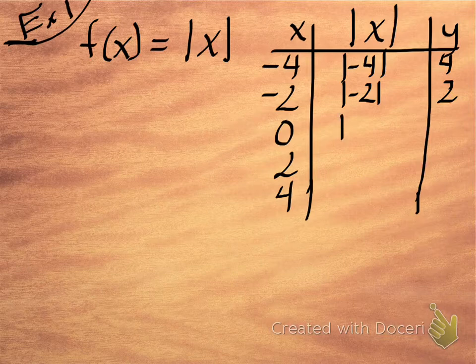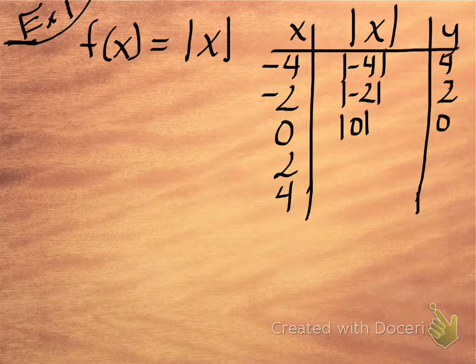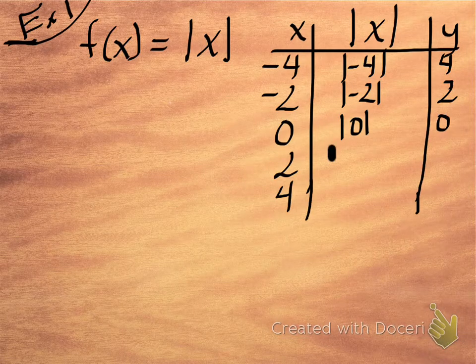The absolute value of 0 is 0. The absolute value of +2 is 2.